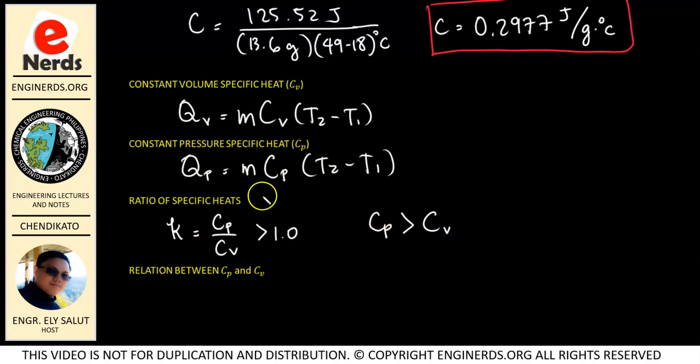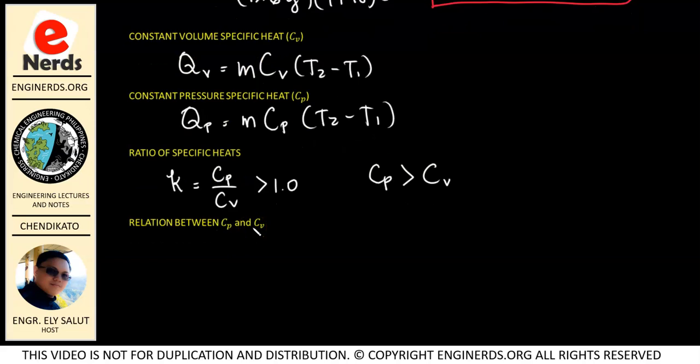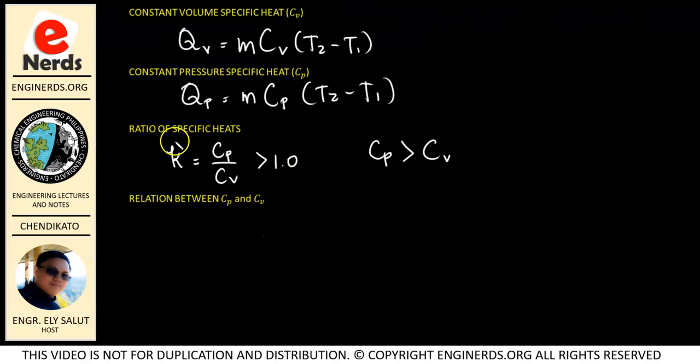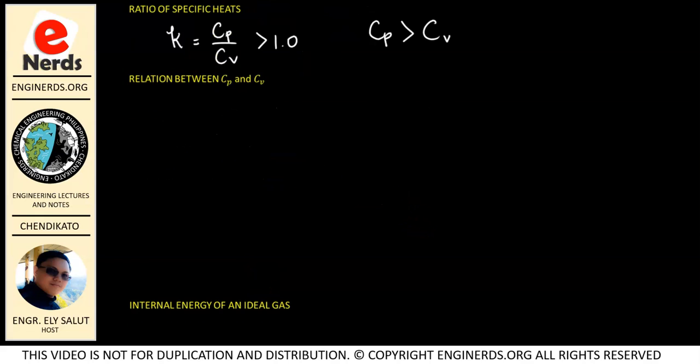Okay, so we need to take note of this ratio because we will be using that in calculating CP and CV because sometimes CP lang ang given, sometimes CV lang ang given. So you can get that by using this ratio right here. So, okay, so now let us have a closer look yung relationship ng CP sa CV. Okay?